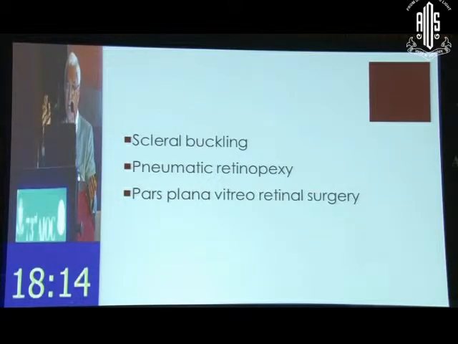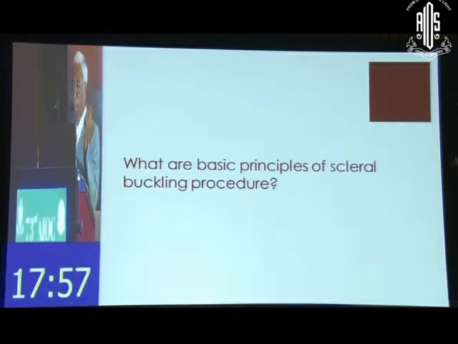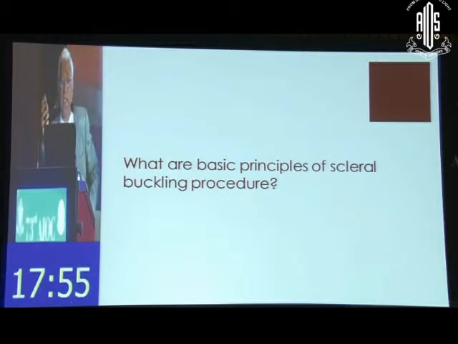But in general, if the same case can be managed by all three, you choose one, I choose another, none of us is wrong. We are just talking about options. So if you want to talk of options, at least we should know what could be relative indications versus contraindications. So what are the basic principles first of the scleral buckling procedure?